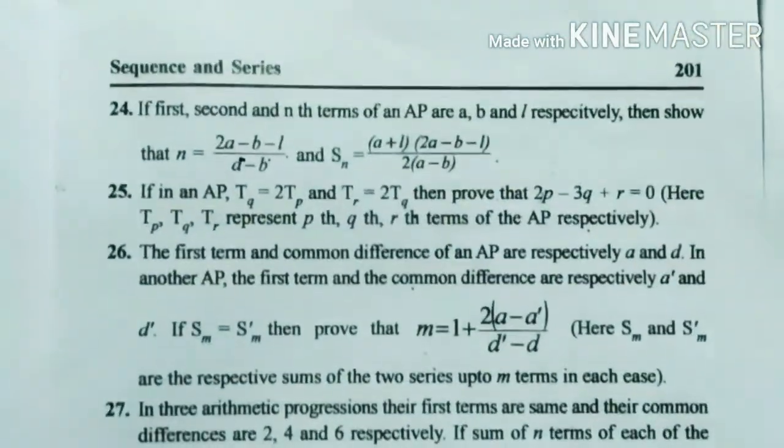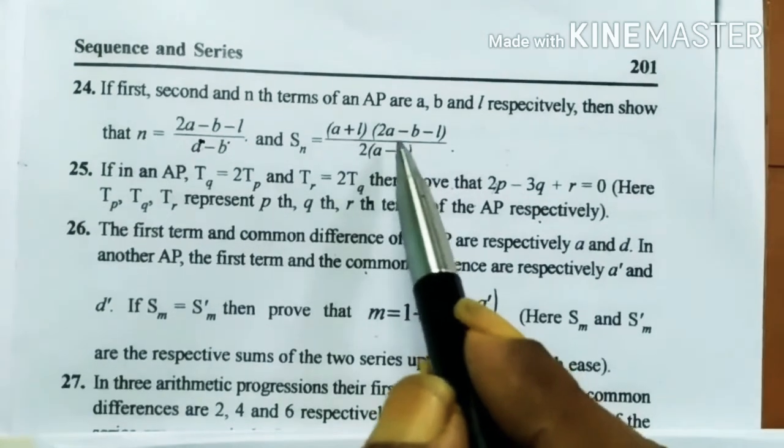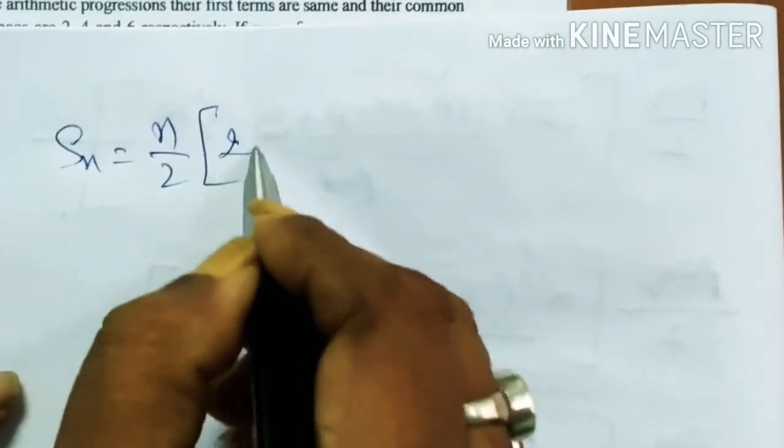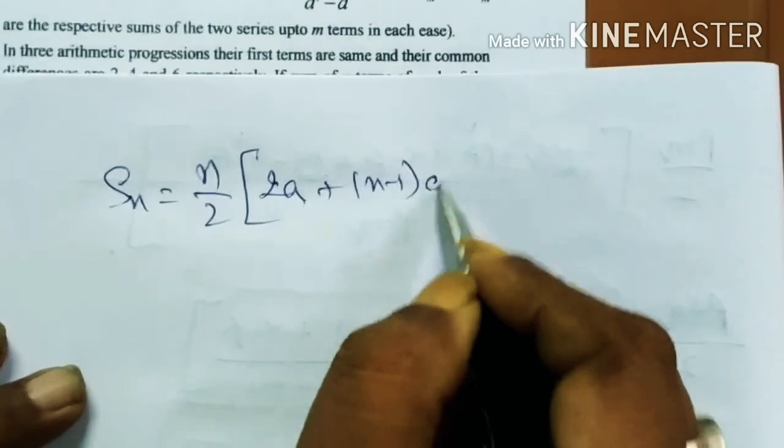Now the second part of this question is this one. Second part, that is Sn is equal to (A plus L) times something. This is your second part. So Sn is equal to n by 2 times (2A plus (n minus 1)D).